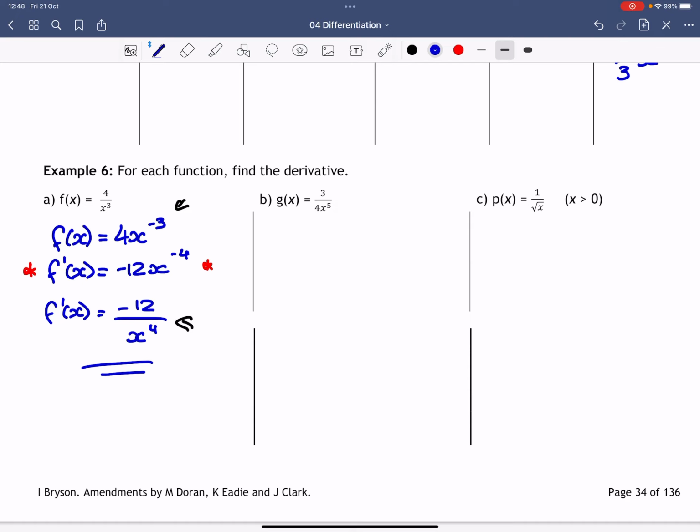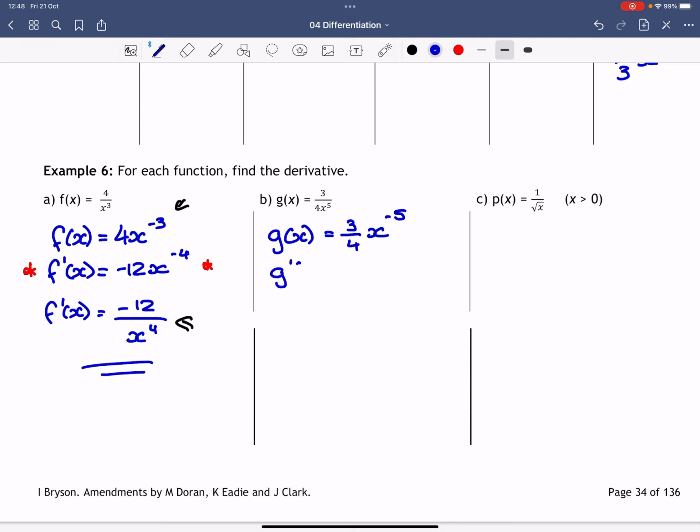The next one we have g of x equals 3 over 4x to the power 5. So again, I need to prepare it. So that will be g of x is equal to, take the number to the side, it's going to be 3/4 x to the power of -5. So then go ahead, differentiate.